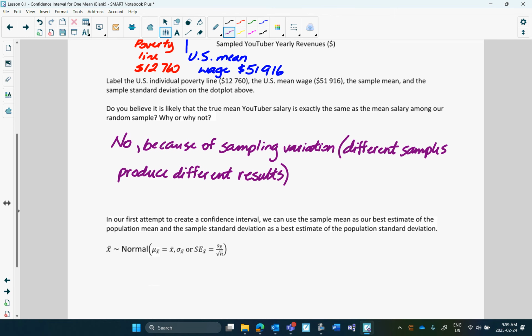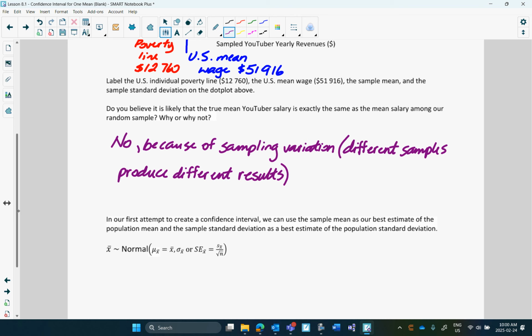That's sort of the big explanation. Can you think of somewhere else in this problem where there'd be bias? Yeah, because remember, we sampled YouTubers that made videos of their yearly salary. If you're making $1 a year, do you think you're going to make a video of your salary? Probably not.